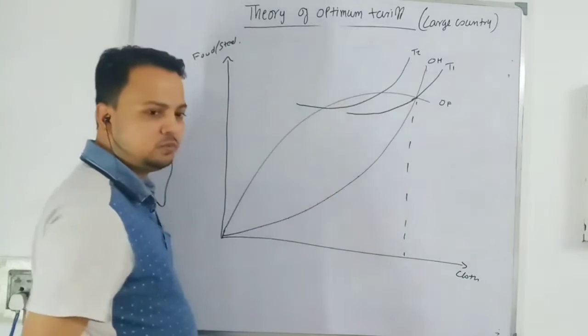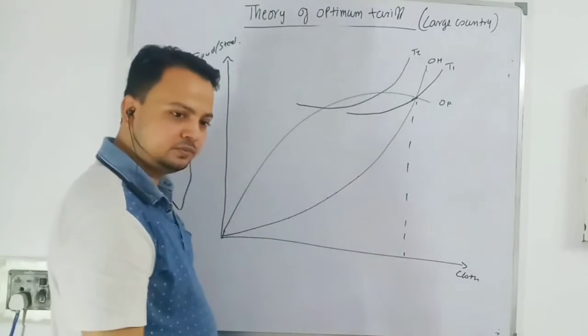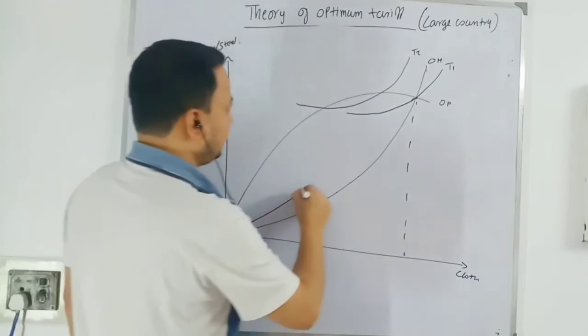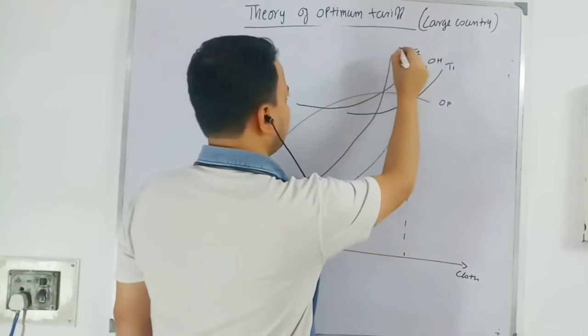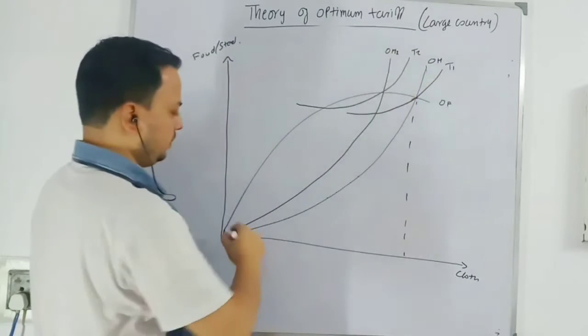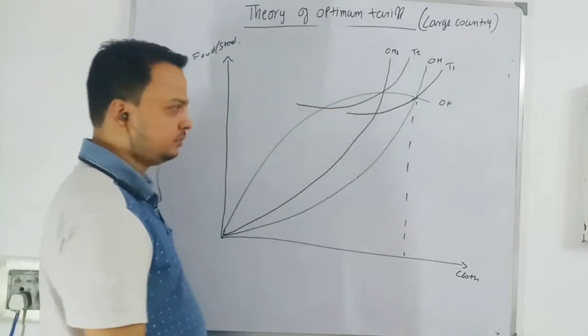This is a higher level of national welfare. And here you have terms of trade. This is offer curve of home country 2, because your terms of trade improve. It is going like this.